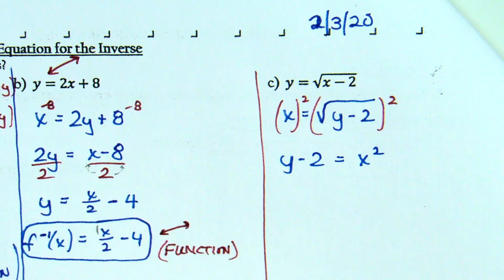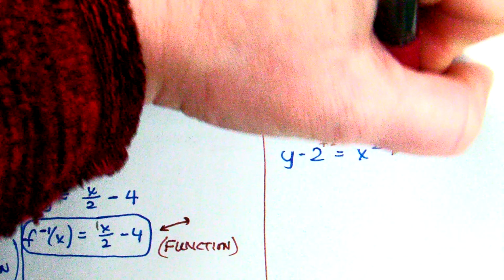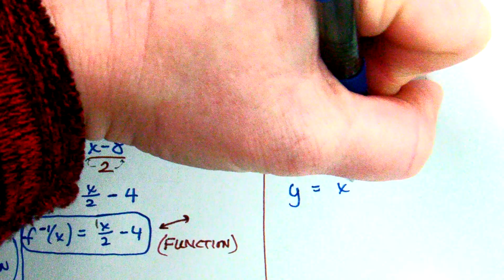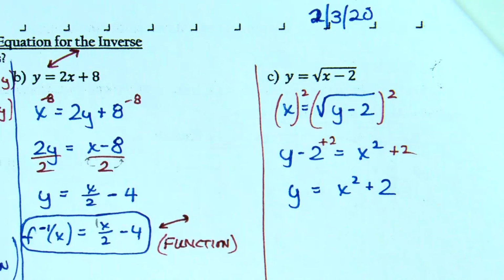Or if you flip it, y minus 2 equals x squared. Is y isolated? No. How do I finish solving for y? It's y minus 2. Let's add 2. I now have y equals x squared plus 2.